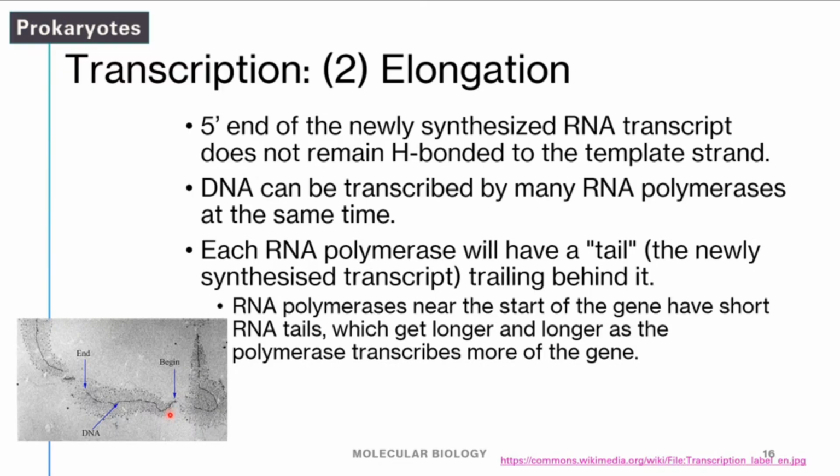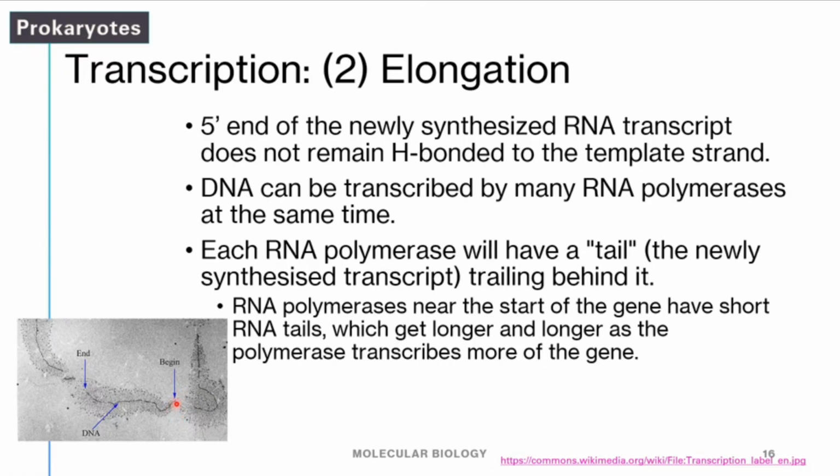Every RNA polymerase will have a tail, which is the newly synthesized RNA transcript trailing behind it. As you can see in this picture, the cloud is a bit thinner on the right and a lot thicker on the left. That indicates that the right side of the DNA is the starting point of RNA transcription.